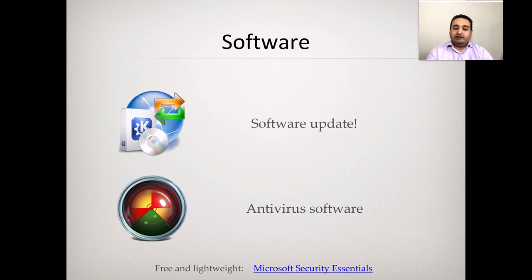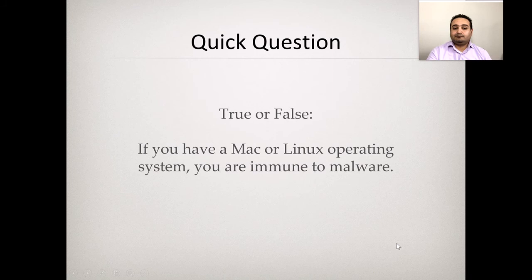Or if you are using a Mac and they have iTunes updates, you should always update the software and always have antivirus software. A free, lightweight antivirus software is provided by Microsoft, which is Microsoft Security Essentials. I have provided you the link here. If you don't have it, install it. It is free and it is reasonable.